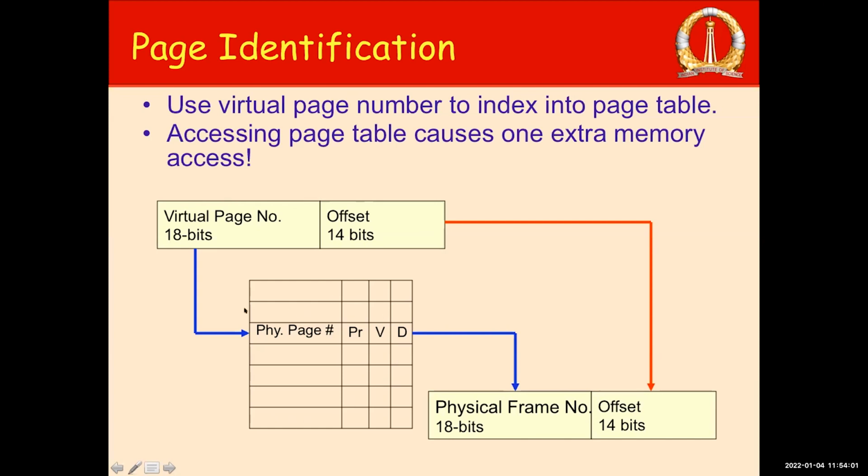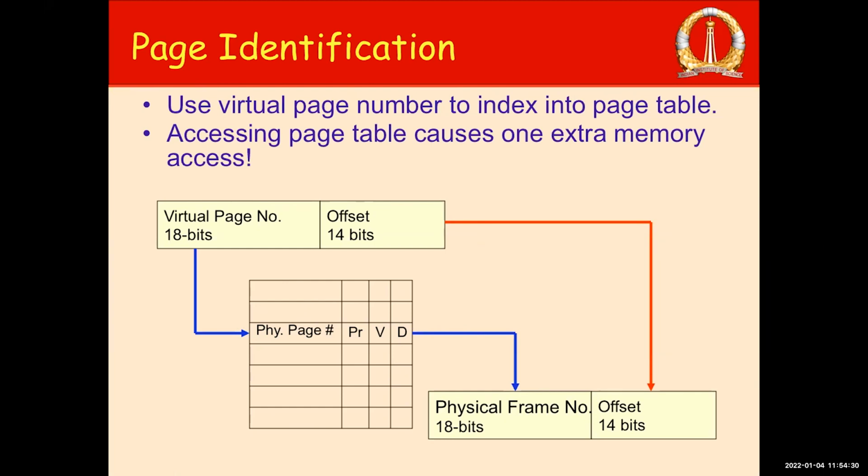That means to index into the page table and access the entry, you have to perform one memory access. After that, you get the physical frame number, and then the physical address of the data you want to access. Then using this address, you access that location and get the data. So essentially, you are doing two memory accesses for one memory access.